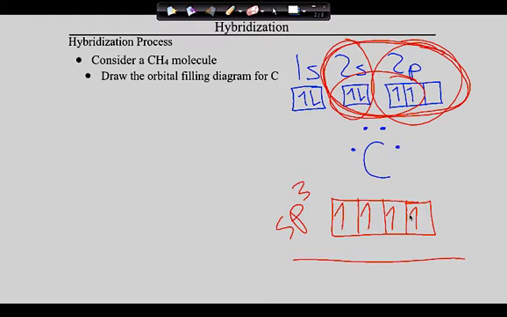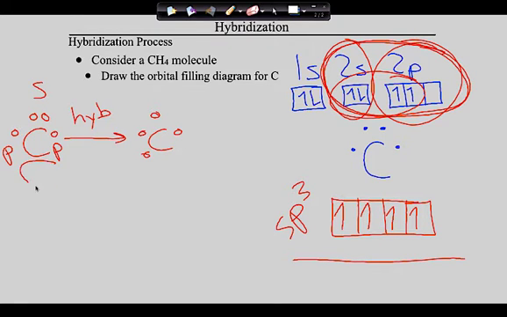So guys, if you want to think about this as a timeline, here's what happens. Carbon starts like this. Before this carbon atom can form covalent bonds, it hybridizes. We draw that like this. But the idea is that over here, this is the s, this is a p, and this is a p.